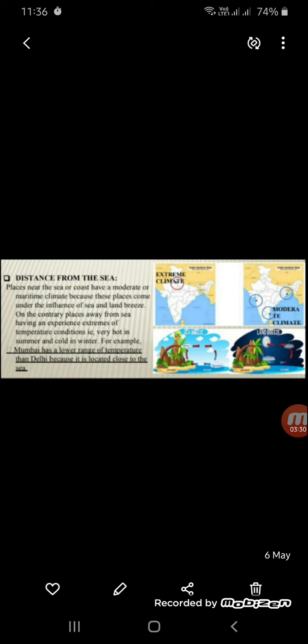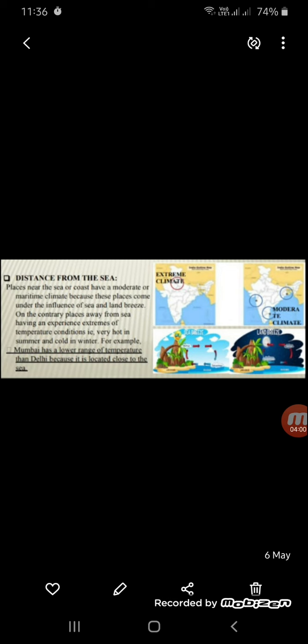Okay, next we are going to be discussing distance from the sea. Places near the sea have a maritime type of climate, or we can say a moderate type of climate, because they come under the influence of land and sea breeze. On the contrary, places away from the sea have a very hot or extreme type of climate, or a continental type of climate.